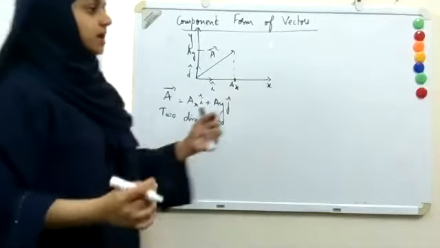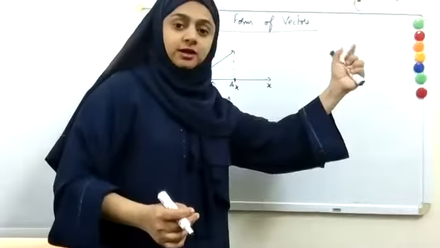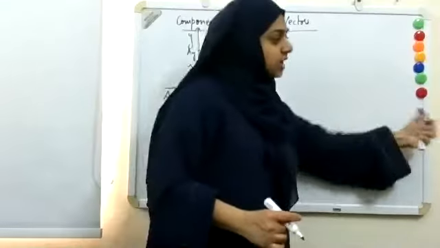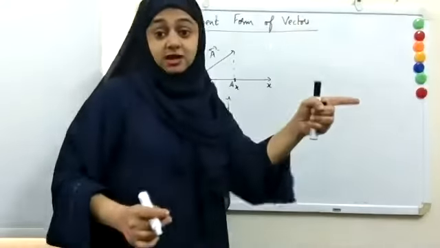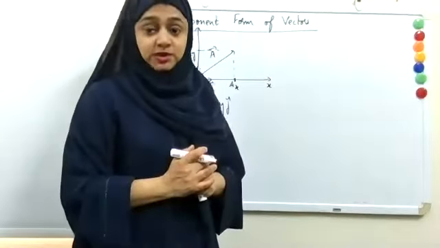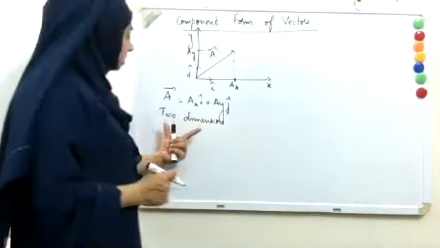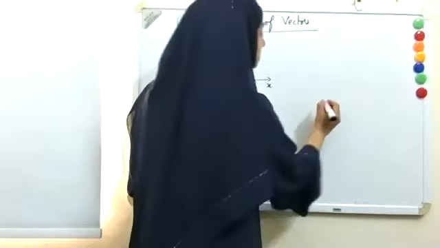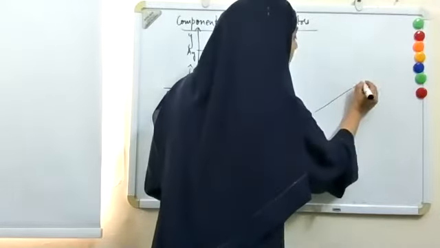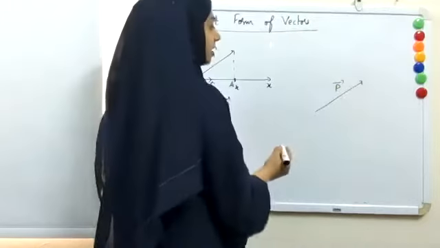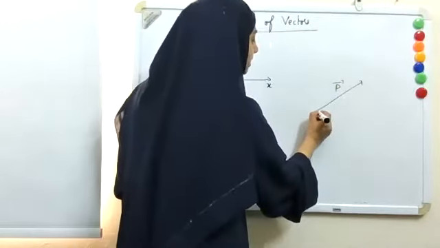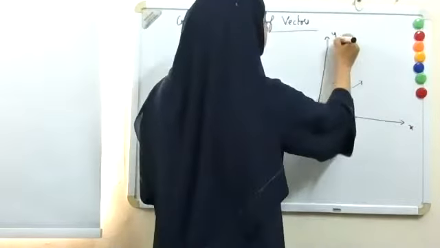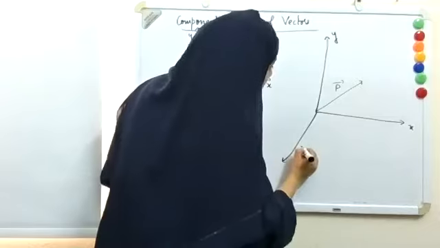Suppose I have a position vector here, the object is at this place. I will require the x direction, y direction, and z direction to represent that vector, right? So how will we represent it in the component form in 3 dimensions? Let me consider a vector P. I can represent this as the x direction, this as the y direction, and this as the z direction.